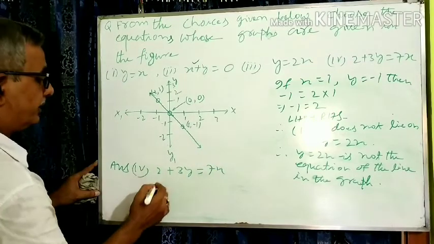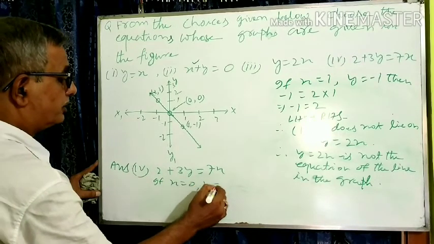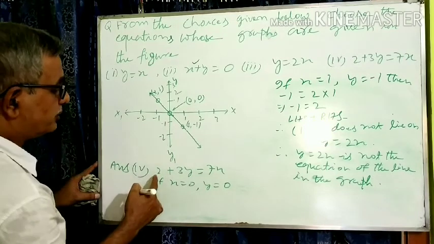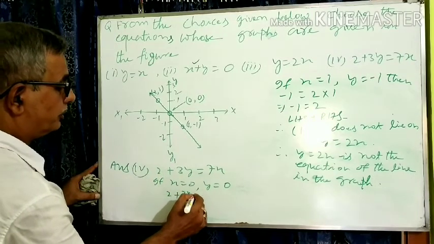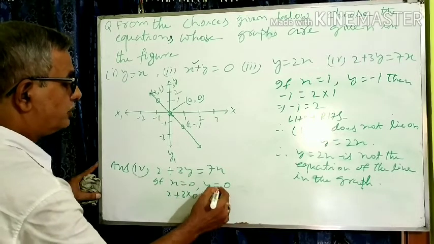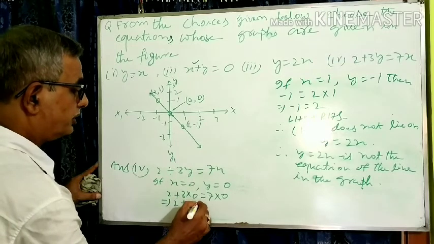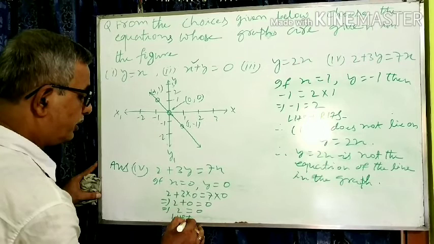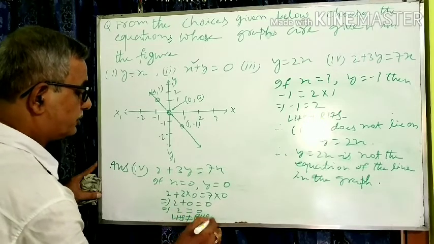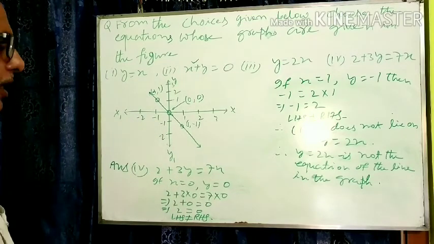Here you see, if x is equal to 0, y is equal to 0, then what happens, do you understand? 2 plus 3 into 0, 7 into x is equal to 0, you are getting what? 2 plus 0 is equal to 0. LHS not equal to RHS. If in the first case you are getting LHS not equal to RHS, no need of checking another.